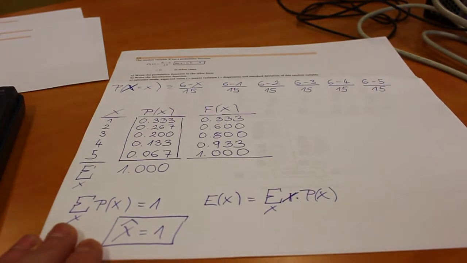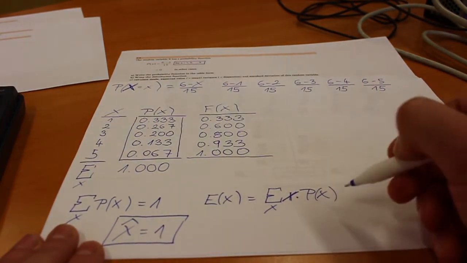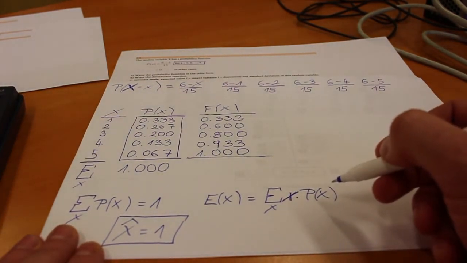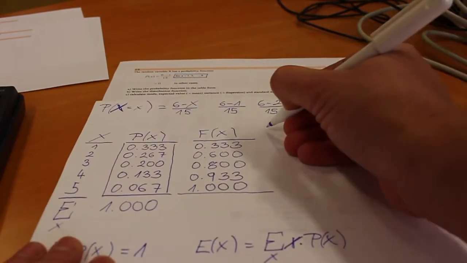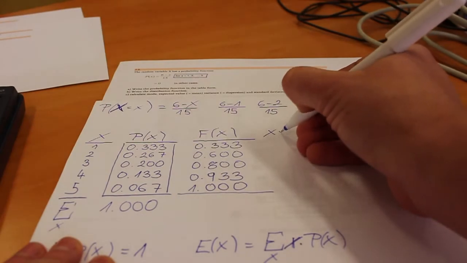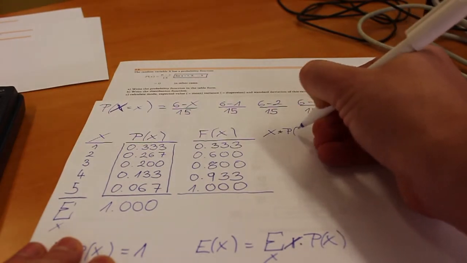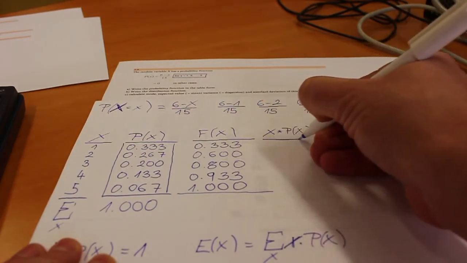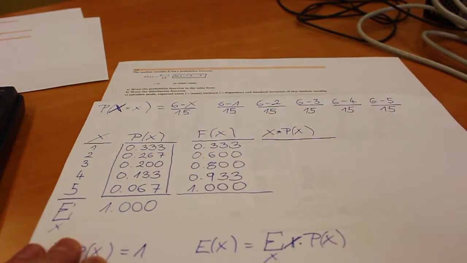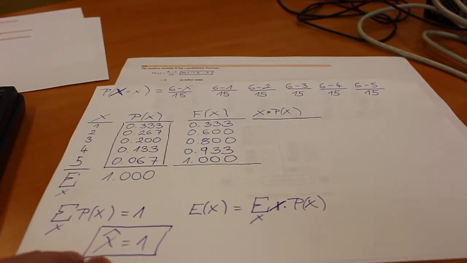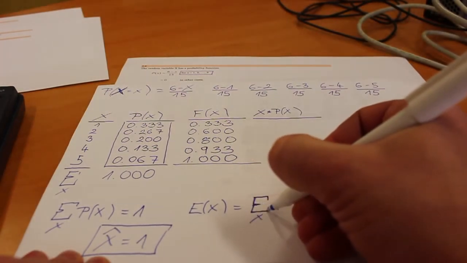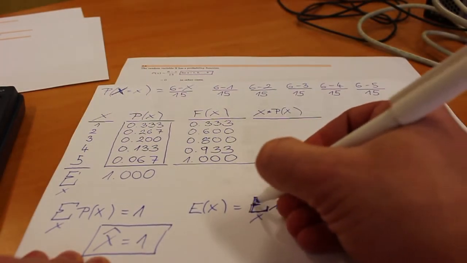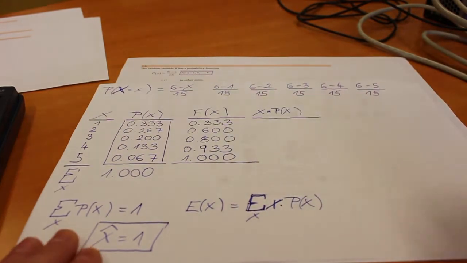So what is necessary to calculate? We must calculate multiplication x times p(x), another column. And after we calculate this column, we must calculate the summation of these values.